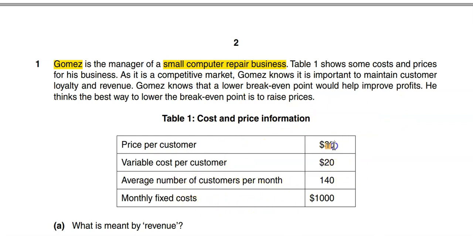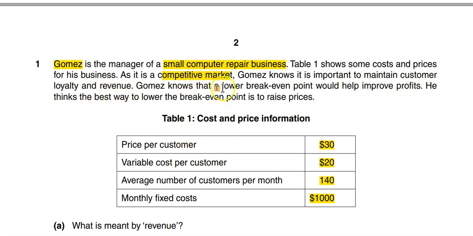So Gomez charges $30 per customer, and the variable cost per customer is $20, and the average number of customers is 140, and the monthly fixed cost for Gomez is $1,000. So Gomez works in a competitive market, as they said here, and he knows that it's important to maintain customer loyalty and revenue.